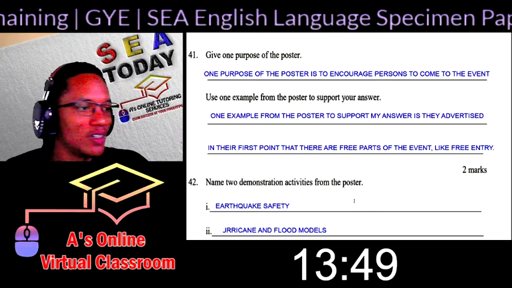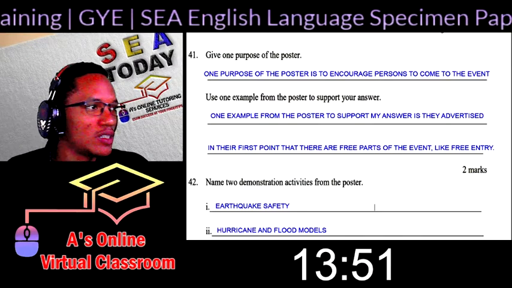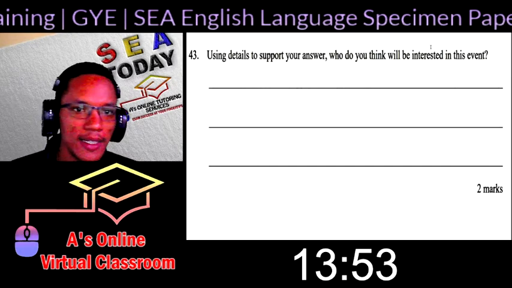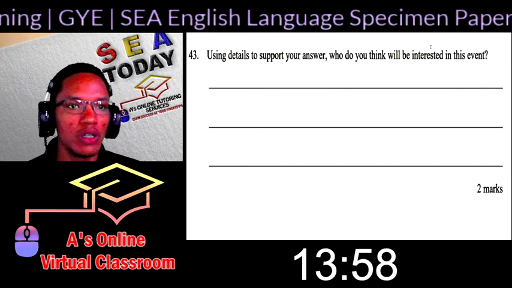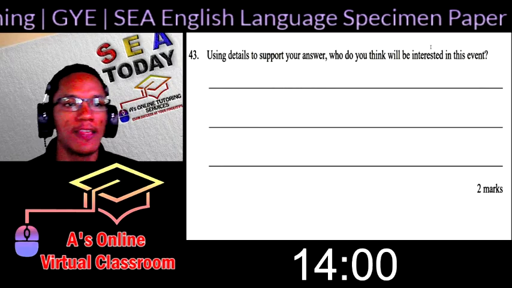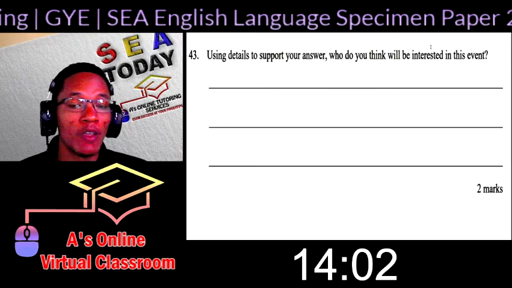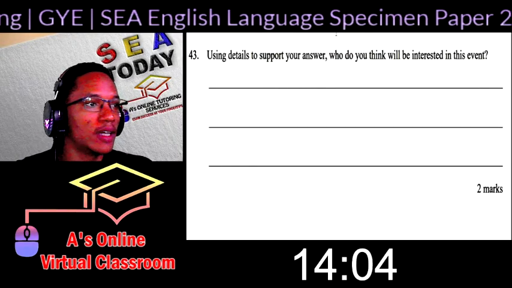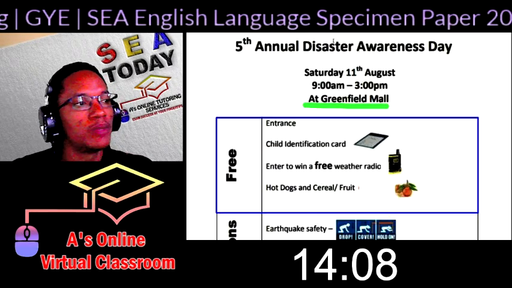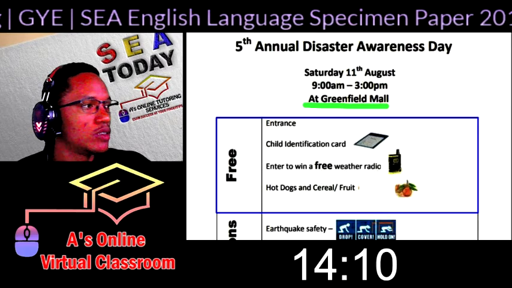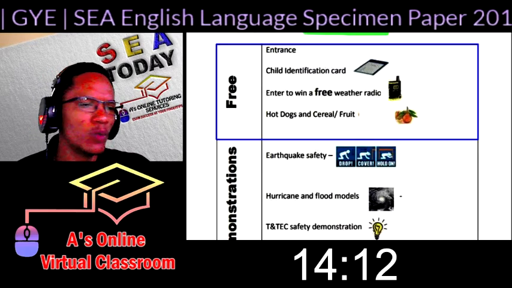Wonderful. And now that takes us to our last question for today. Using details to support your answer, who do you think will be interested in this event? So this is also another question they like to ask about graphics. And we need to see what is being offered at the event to really understand who might want to come.